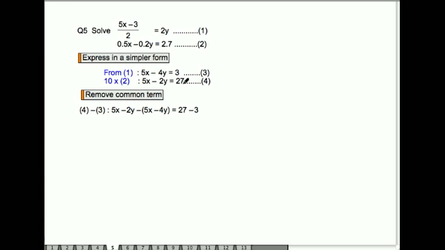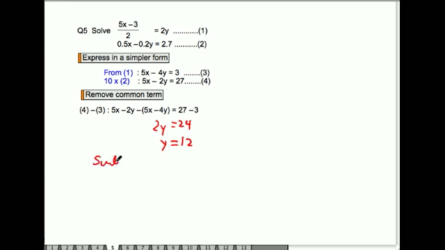And on the right-hand side, we have 27 minus 3. 5x is removed. 5x minus 5x is 0. Minus 2y minus minus 4y, that is minus 2y plus 4y, is 2y. Thus, we have y equals to 12.